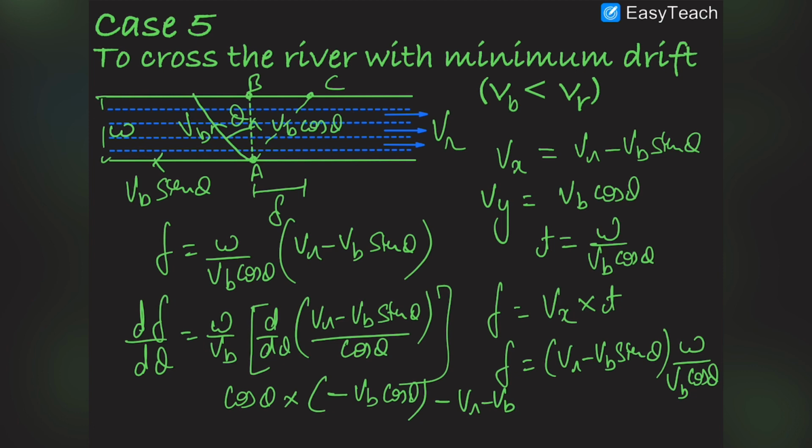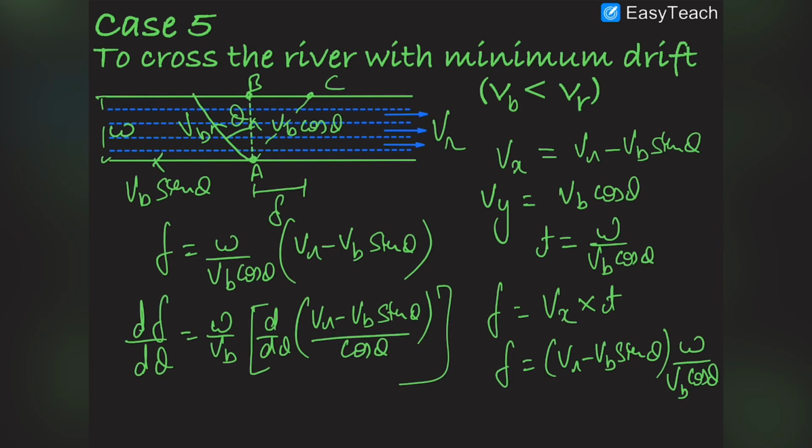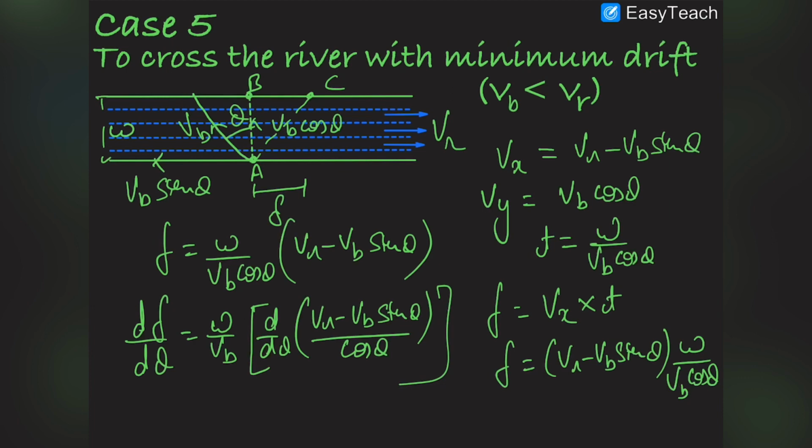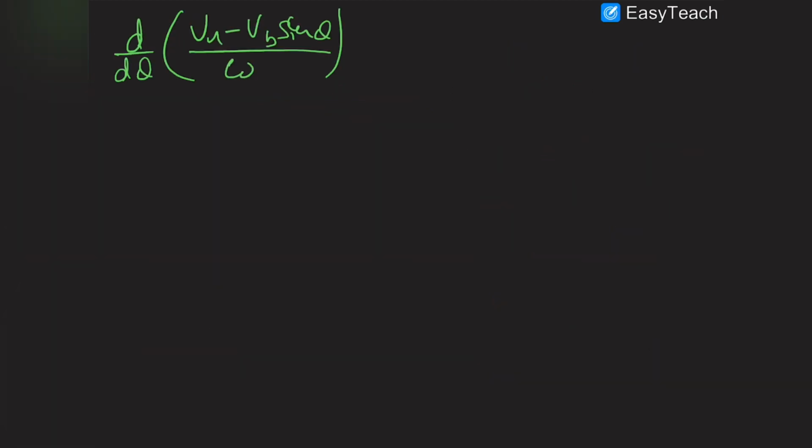In fact, I would write it on the next page. Okay, so let us take another page. Now d by d theta of VR minus VB sine theta upon cos theta. So let us differentiate it and we can use the u by v rule.